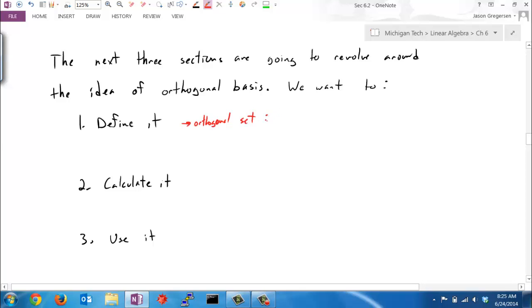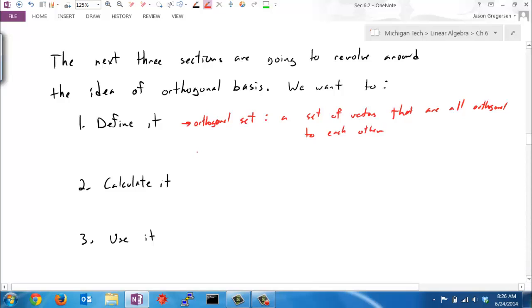An orthogonal set is a set of vectors that are all orthogonal to each other. Just what you would expect from that definition, right? What's an orthogonal set? It's a set of vectors that are orthogonal.